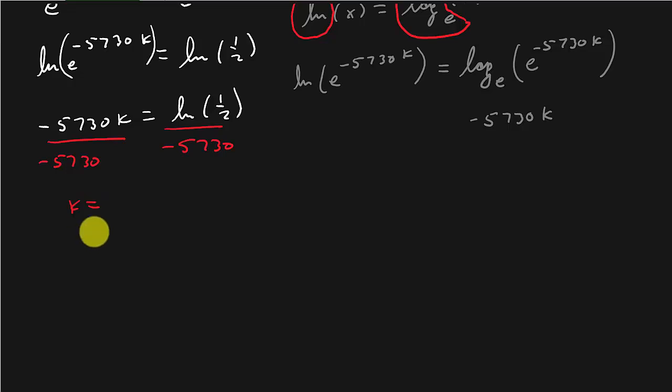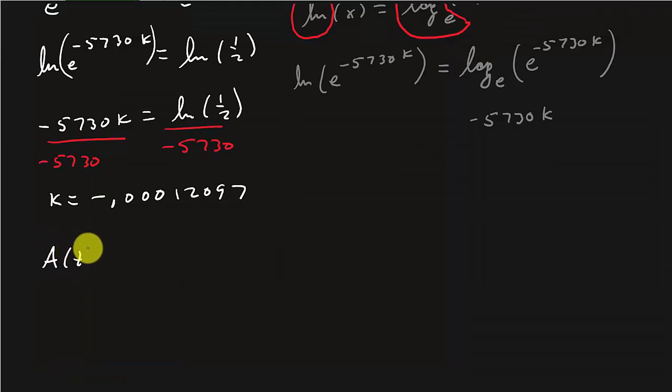So we get k is equal to natural log of 1/2 divided by 5,730, and that's going to give us negative 0.000120097. So that's k.